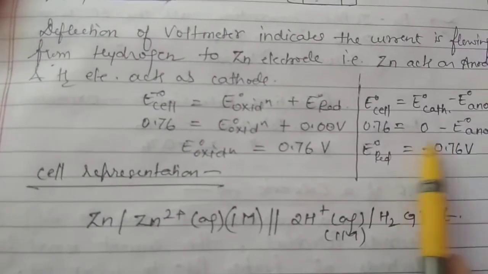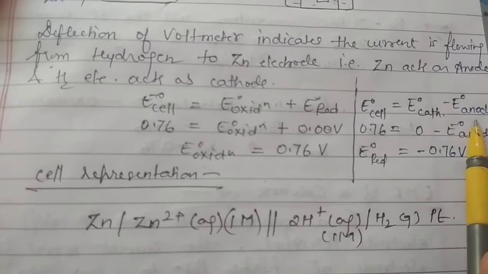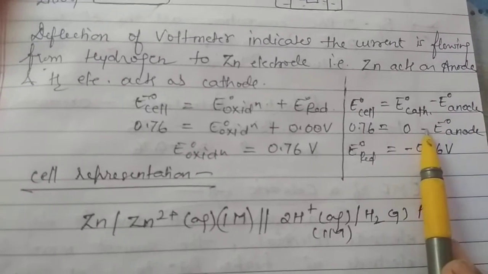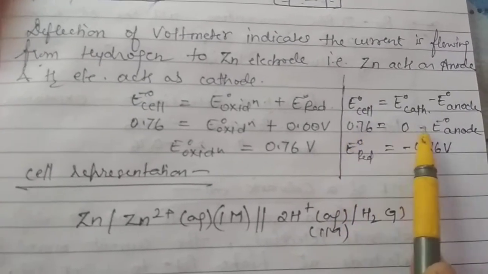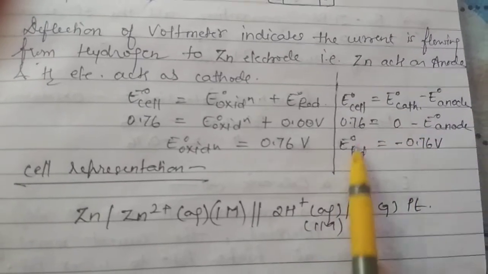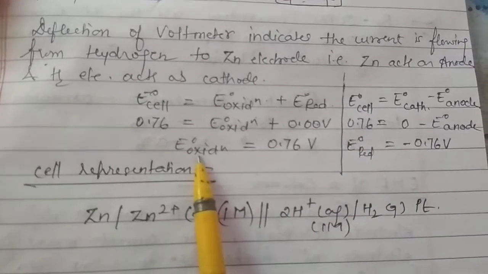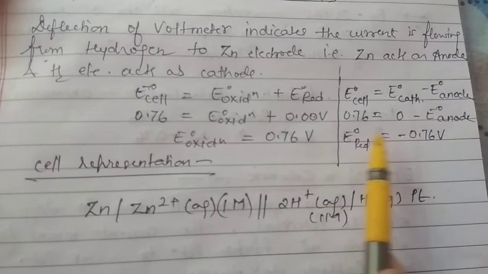So here we have the value as 0. What we are to calculate is the E naught at anode, means reduction potential of the electrode that works like an anode. So E anode would be minus 0.76. Here we have the negative value. It means we have proved that the oxidation potential and reduction potential have the same values, but the signs are different.